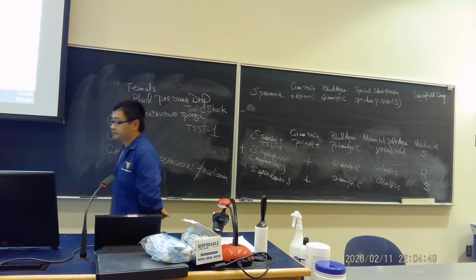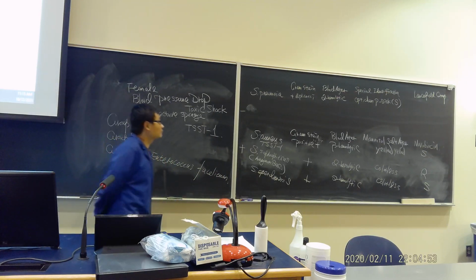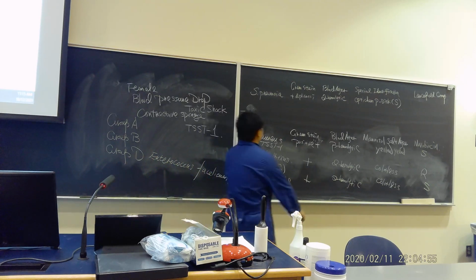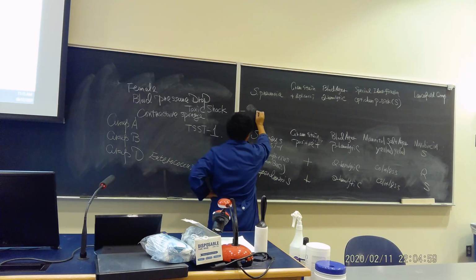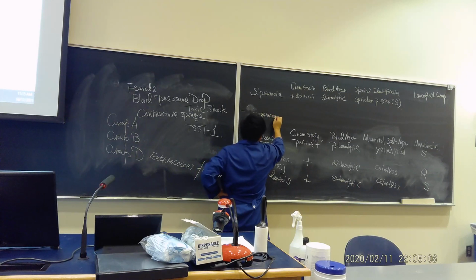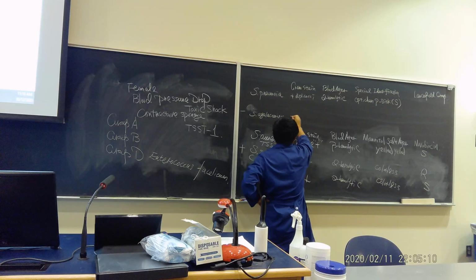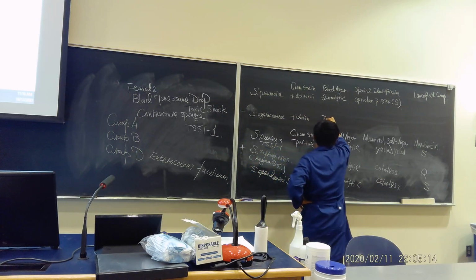And then we see it is beta hemolytic. Okay? What's that? Streptococcus agalactiae, right here. So, gram stain positive, chain shape. Beta hemolytic.